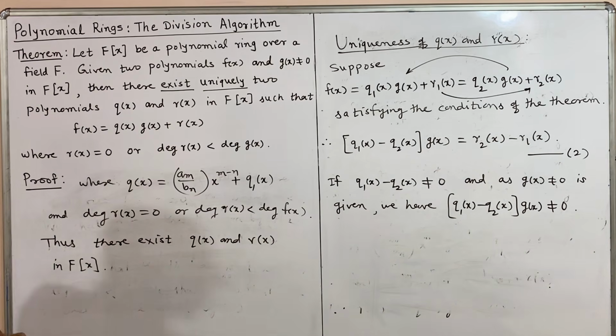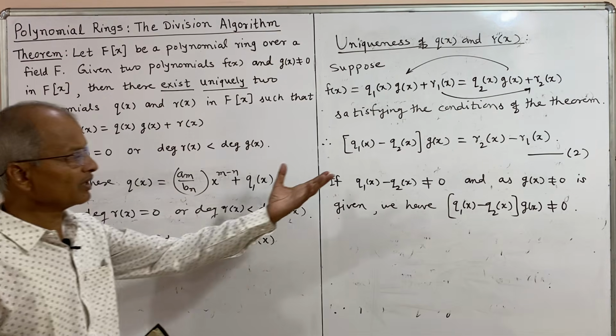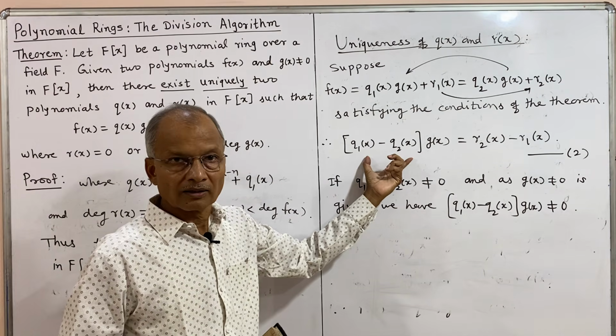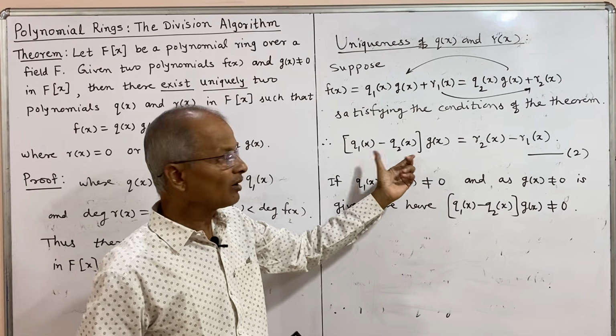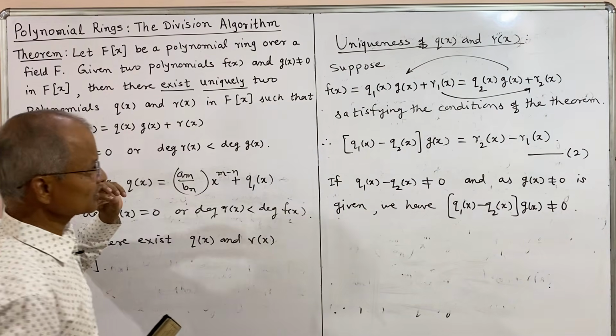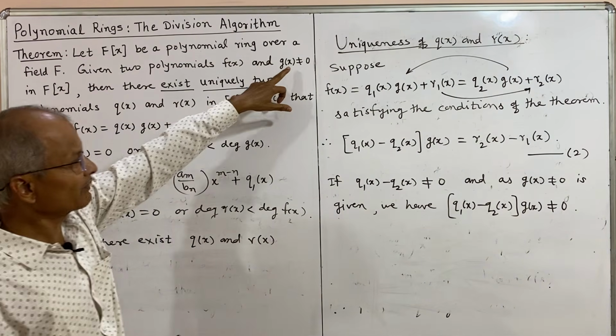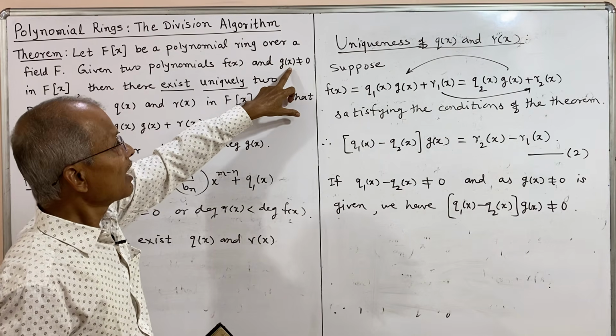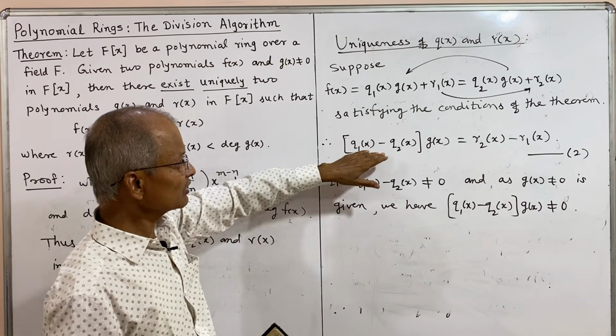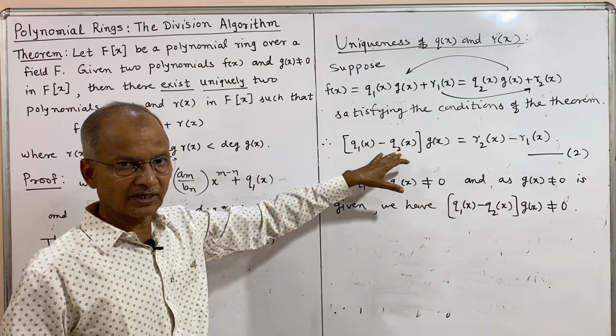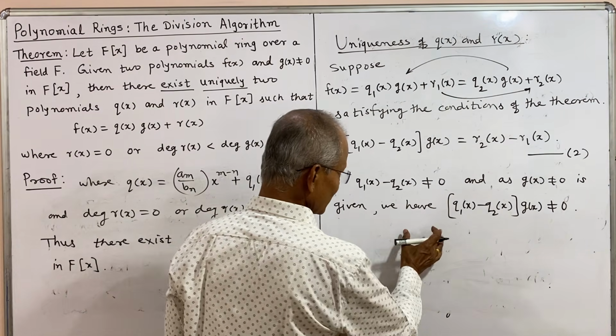And if this product is not 0, then what about the degree of this product? The condition given is g of x is not equal to 0. Therefore, if this is not 0, the left side is not 0. So we have this expression.